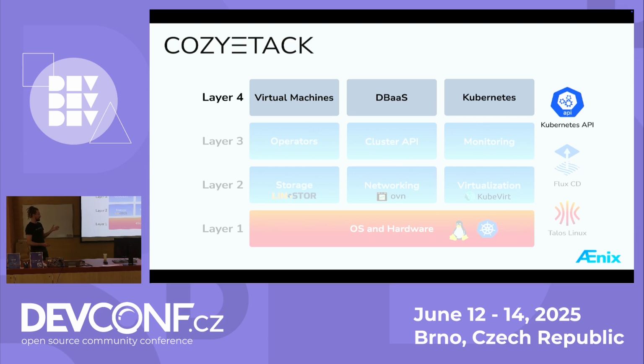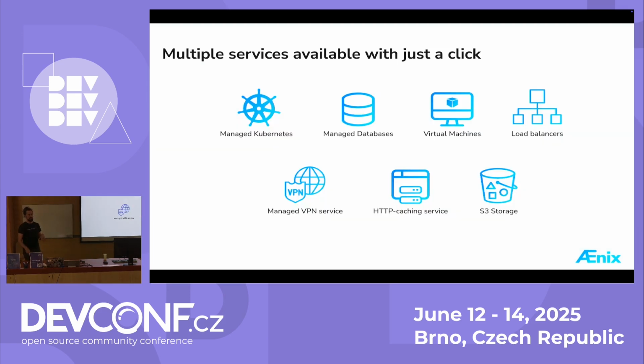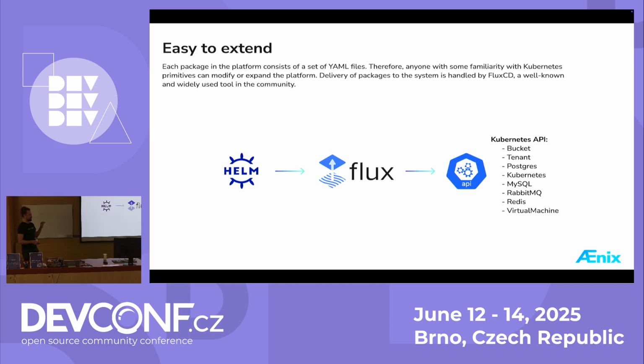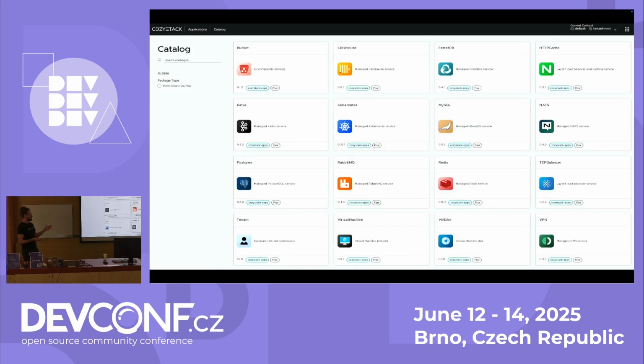And now I want to share how we actually run those services, because Cozystack provides you the opportunity to run managed Kubernetes, databases, virtual machines, and even S3 storage. So anytime you deploy some application, all the applications you see here are actually Helm charts. But Helm charts do not provide you full lifecycle management like operators do. The problem with operators is that they are very different.